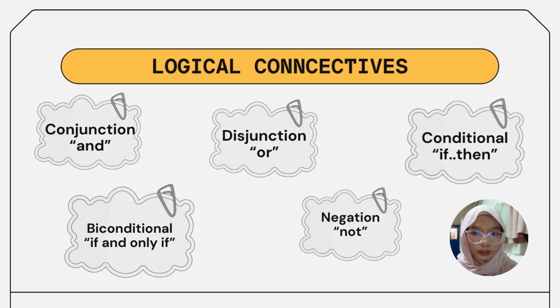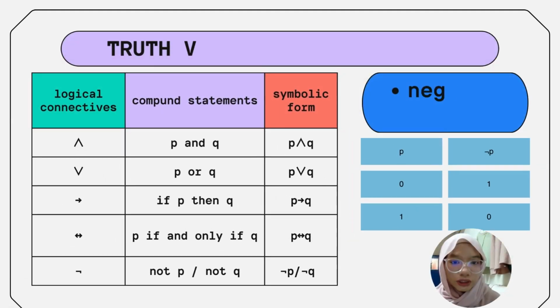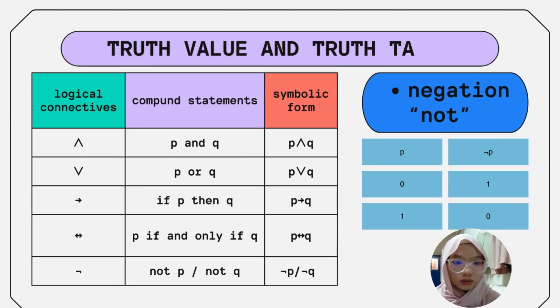The first one is conjunction, and. The second one is disjunction, or. The third one is conditional, if then. The fourth one is biconditional, if and only if. And the last one is negation, not. This is the symbolic form of the logical connectives.